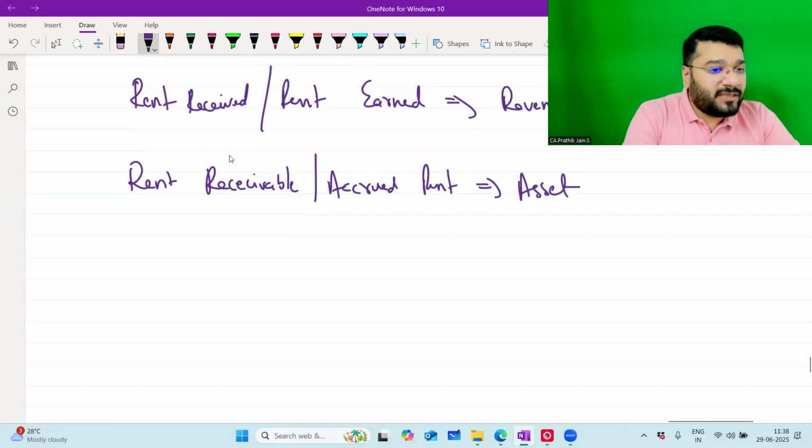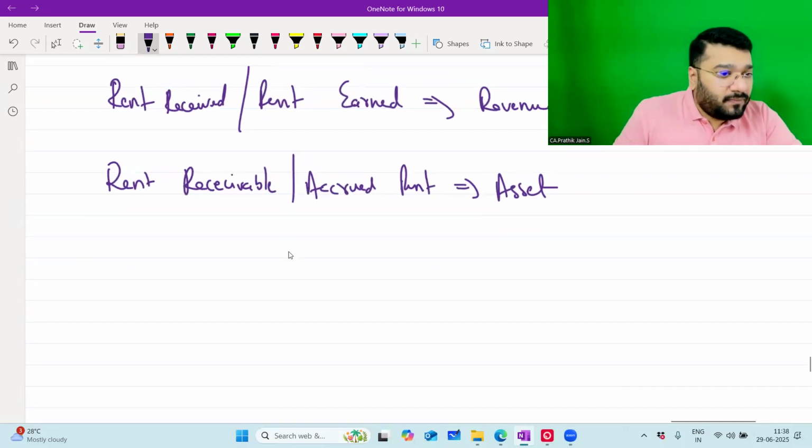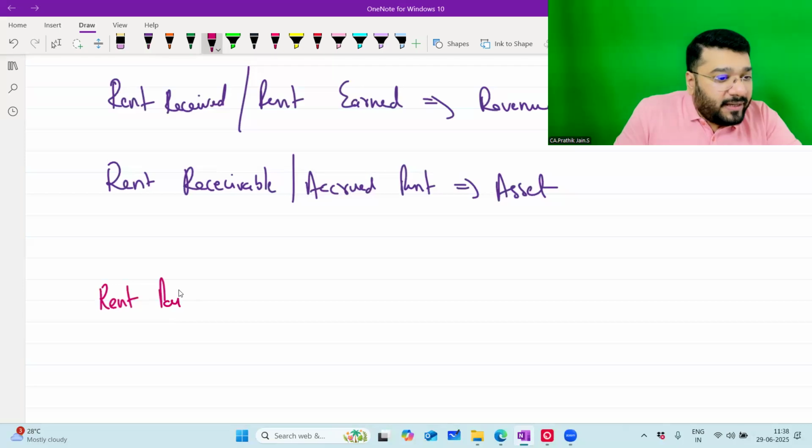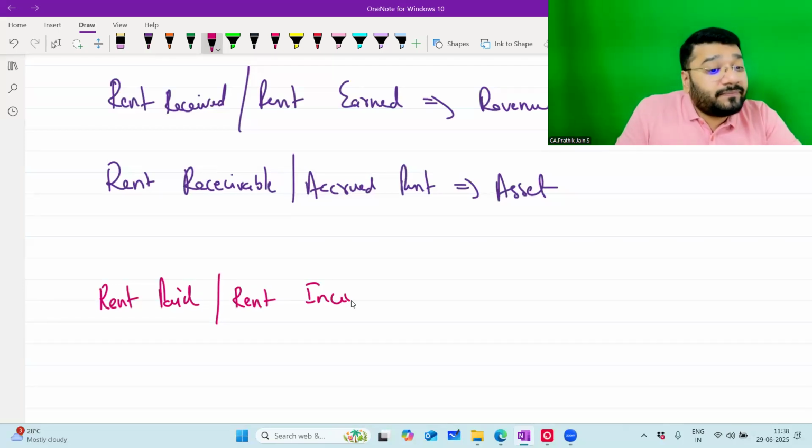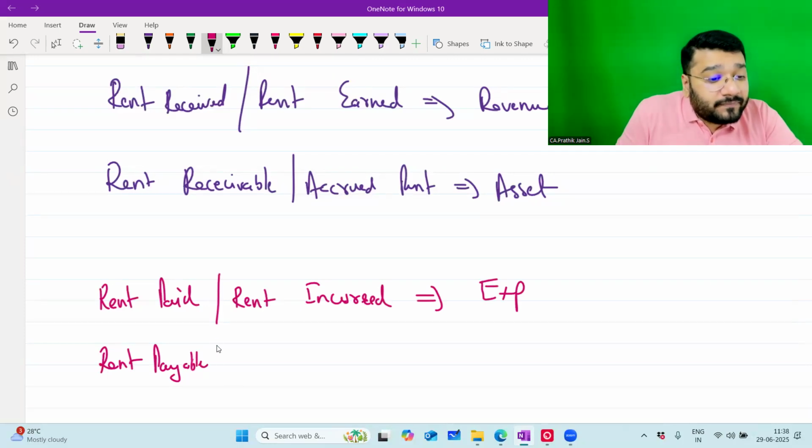In the same manner for expenses: rent paid or rent incurred is expense, whereas rent payable and outstanding rent is liability.